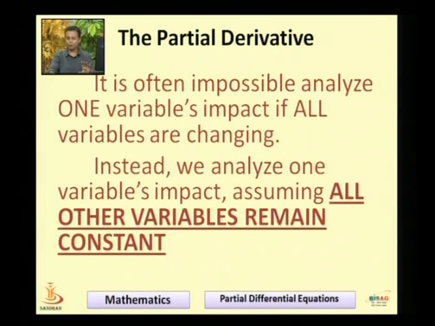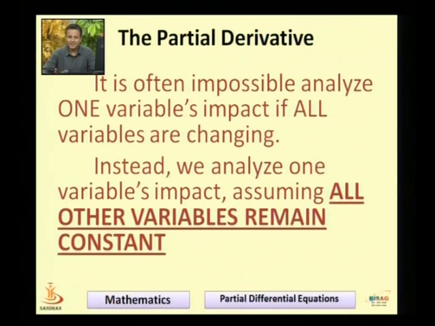So how to proceed, how to check the rate of change in the dependent variable with respect to one of the independent variables? For example, z is a function of two independent variables x and y.